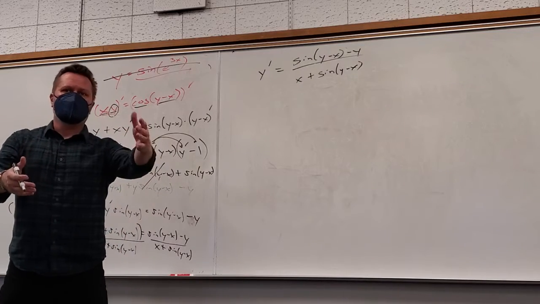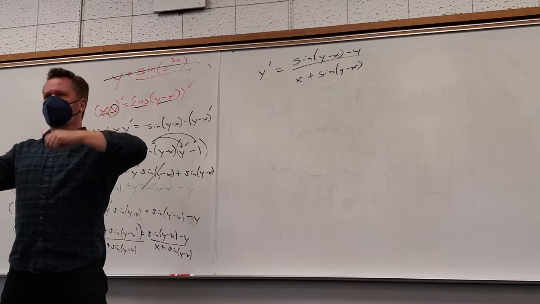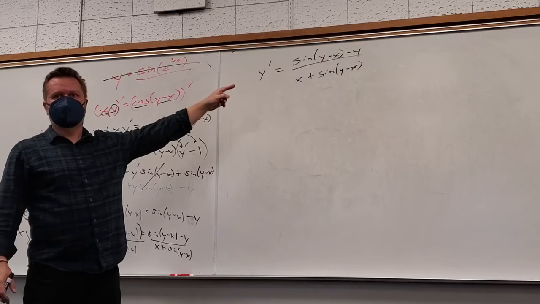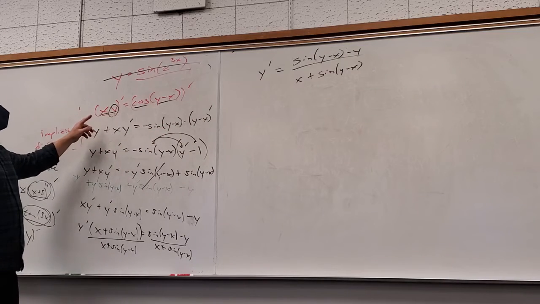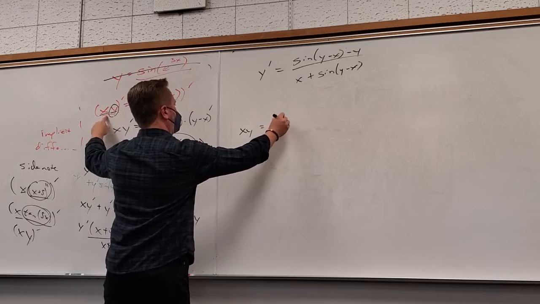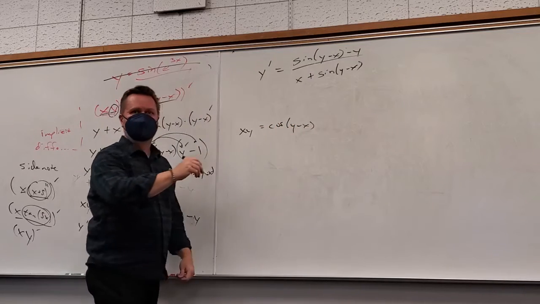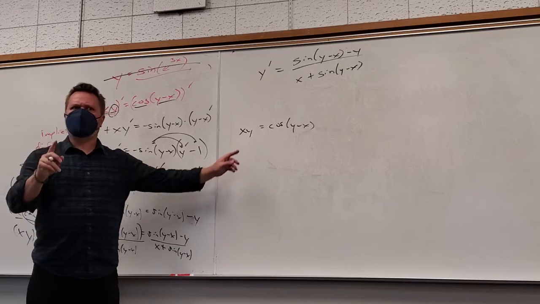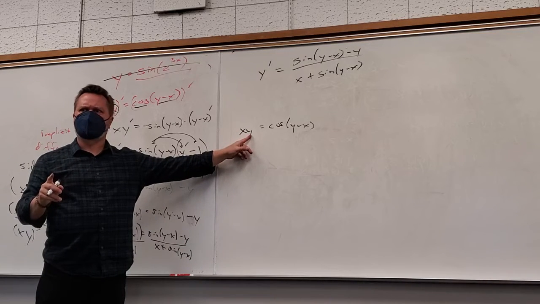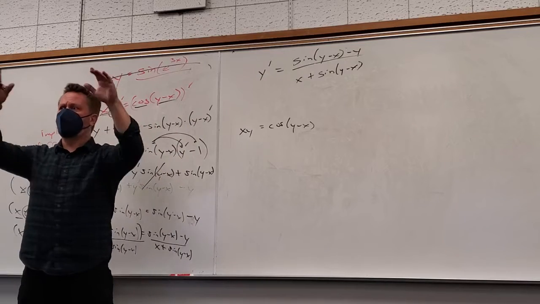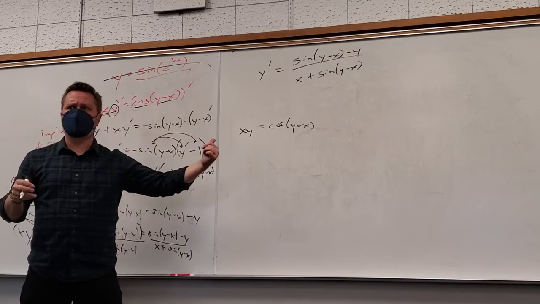So now, if I wanted to know the slope at some point, somebody would just tell me the point and I could just plug it in. Now, can you imagine trying to figure out a point that actually sits on this graph? Can you pick an x and a y and throw it in?